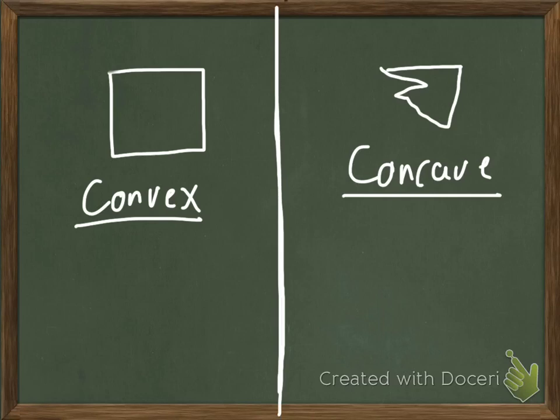Okay, I know it's probably a little bit difficult to see, and this is probably your first introduction to these two words. Well, a convex polygon is a polygon that has none of its sides on the interior of the polygon. So here, if you can see, this would be considered the interior of the polygon.